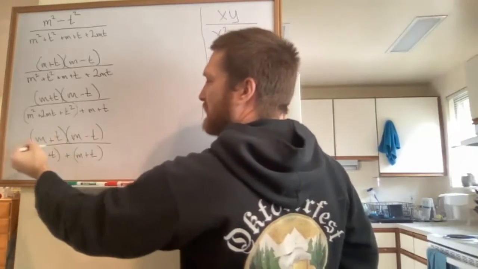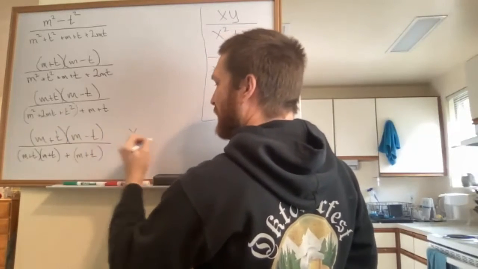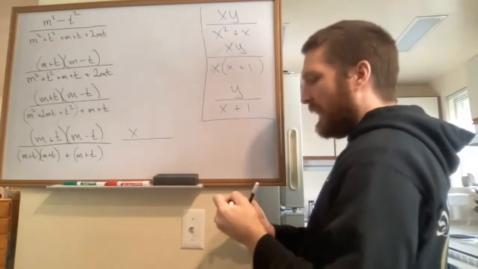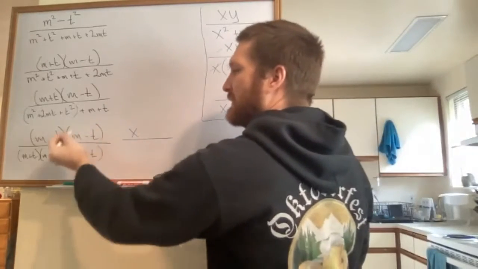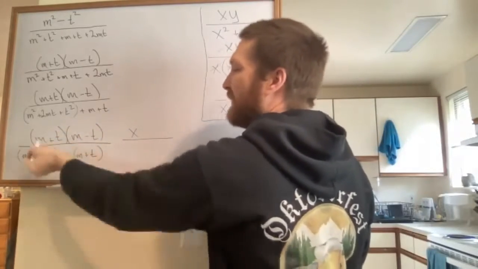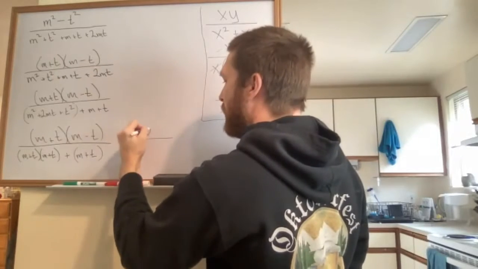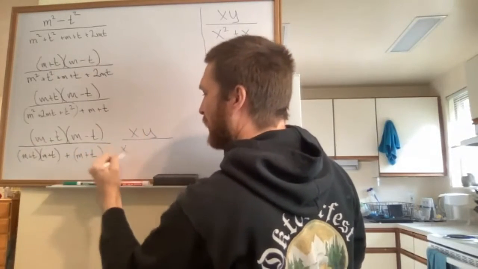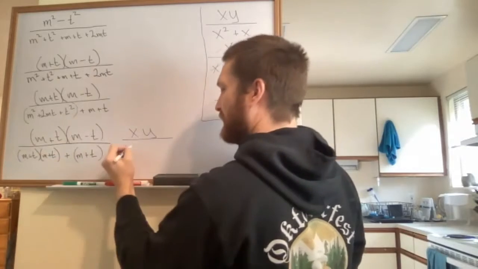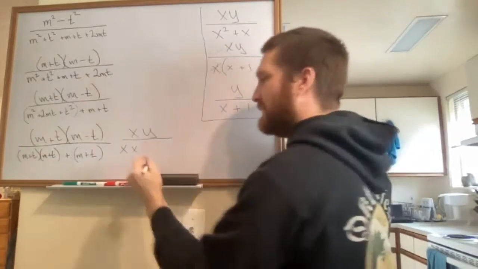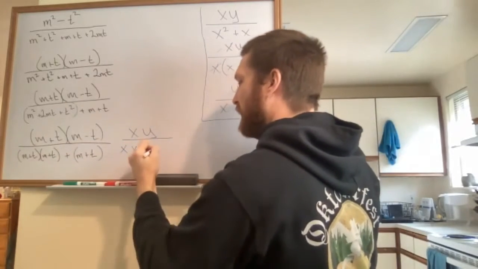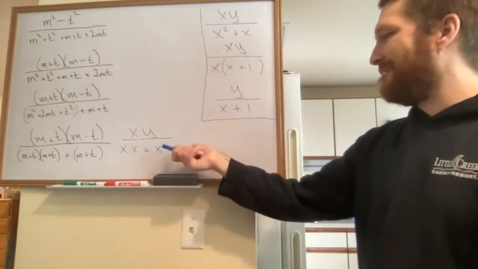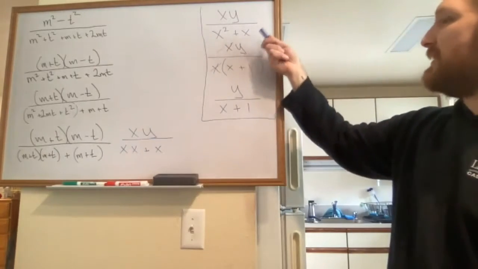M plus T, if you think about that as X. And if we think of this M minus T, well, it's not the same thing. Those are two different things. Let's just call it Y. That M plus T, we just called it X, plus another one of them. That is the same thing as that right there.